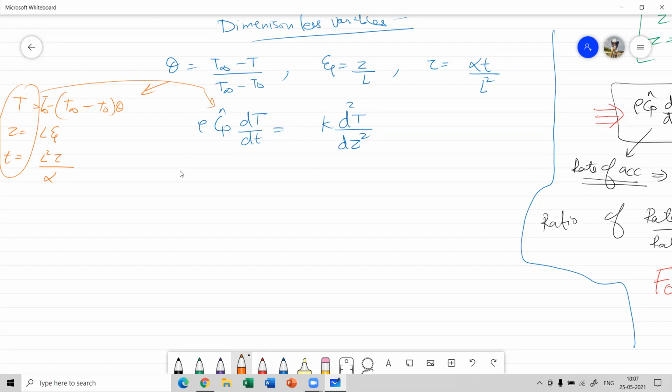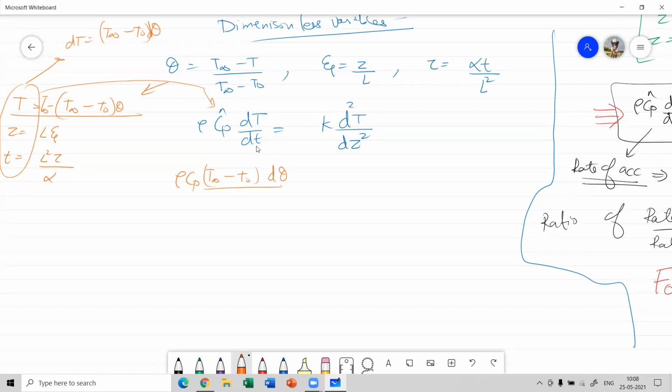So if you solve this, rho Cp dT. If T is defined as this, what will be dT? dT will be nothing but T infinity minus T naught into d theta. So that can be written here, T infinity minus T naught into d theta.